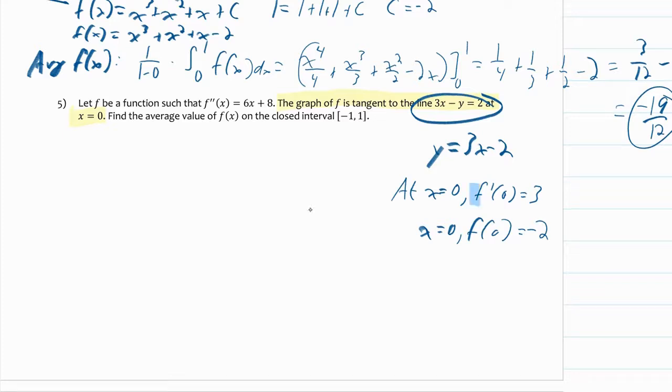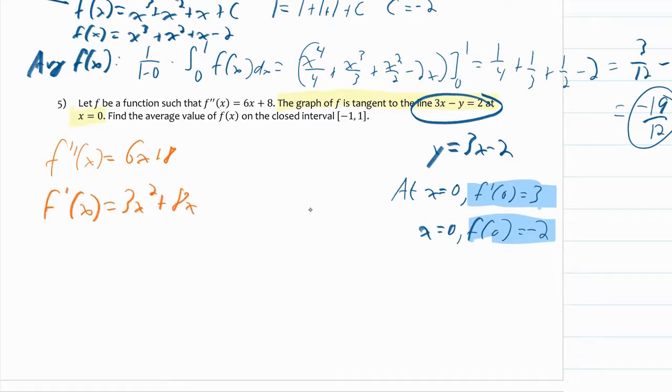So we're using these two pieces of information to work our way backwards from the second derivative, given as 6x plus 8, to f prime of x, which is equal to 3x squared plus 8x plus a constant. Then I'm going to substitute this ordered pair in and get 3 is equal to c.